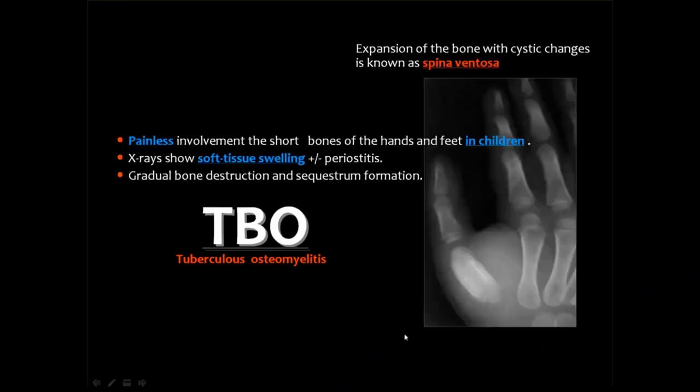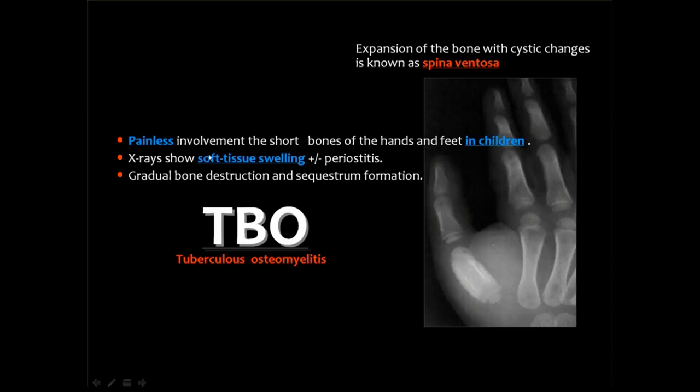One form of TB of the skeleton is what is known as TB dactylitis or spina ventosa, which is a painless involvement of the short bones of the hands and feet in children.